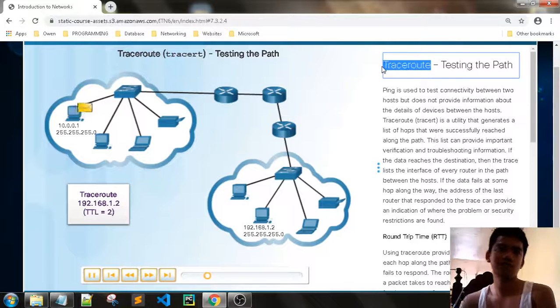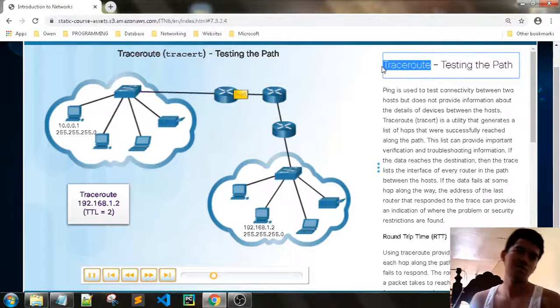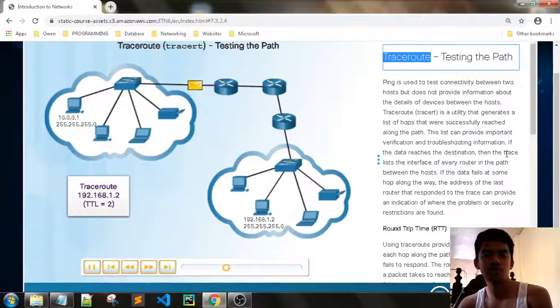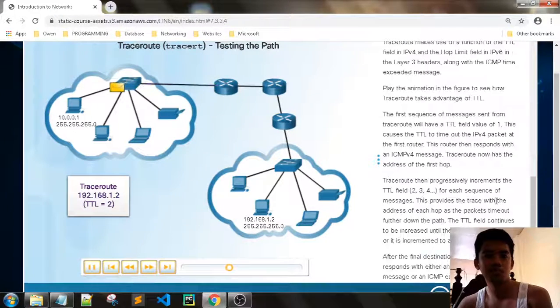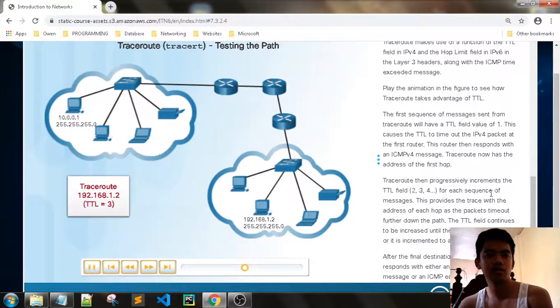So we have the tracert command in Windows, which will display the path of devices. TTL, or hop limit for IPv4 and IPv6, is used to determine the path for the devices.